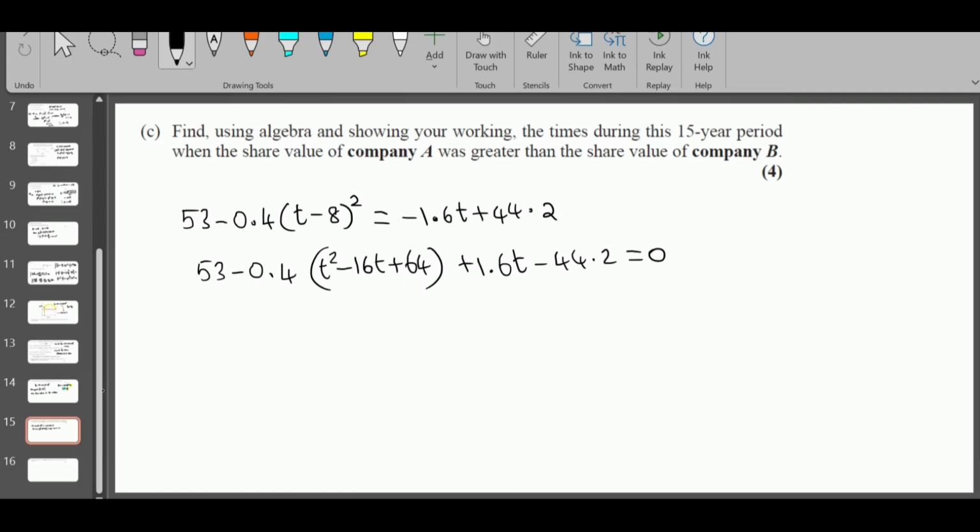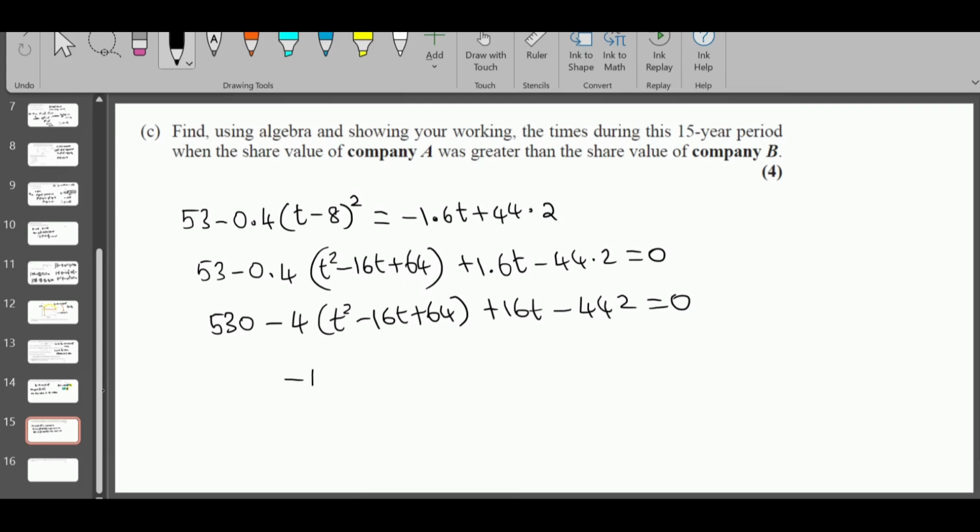Let's frame a quadratic equation. Since all the numbers have one decimal place, I'm going to multiply throughout by 10. So it's going to be 530 minus 4 times this, plus 16t minus 442 is 0.